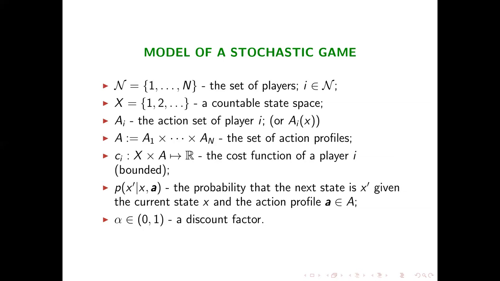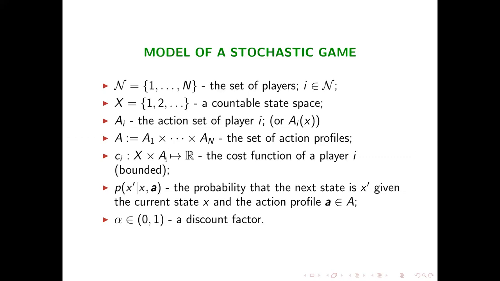And we have the transition probability of the next state, x prime, given the current state and the action profile a of the players. Since we will deal with discounted cost criteria, alpha denotes the discount factor for each player.